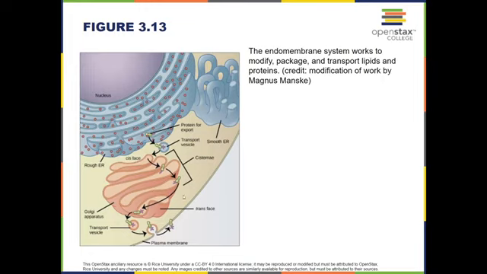Then it modifies and packages them and sends them out on its trans face, either to be secreted or maybe even to combine with the lysosome and be digested. So a lot of substances that need to be secreted by a cell will have to go through the Golgi, which is between the rough endoplasmic reticulum and the cell membrane.